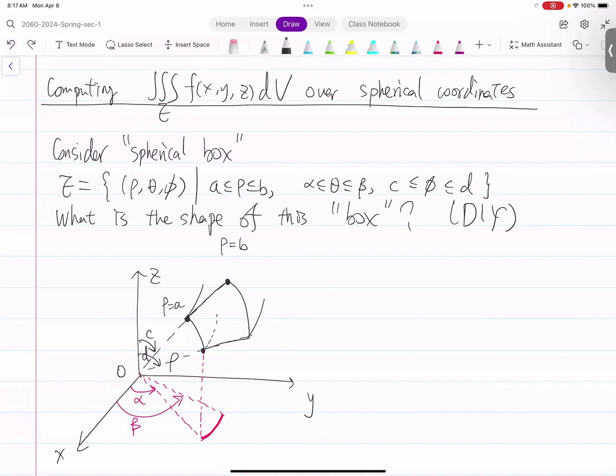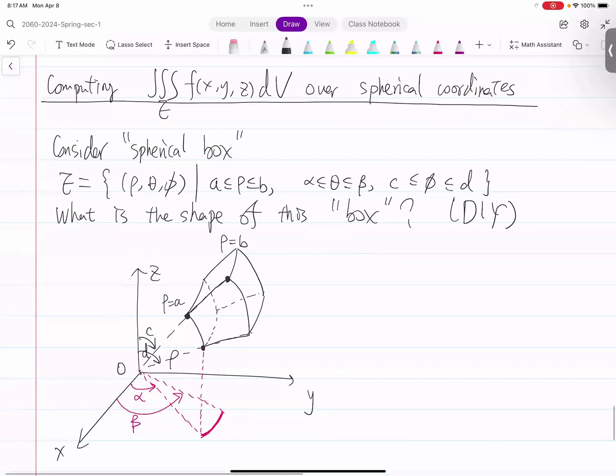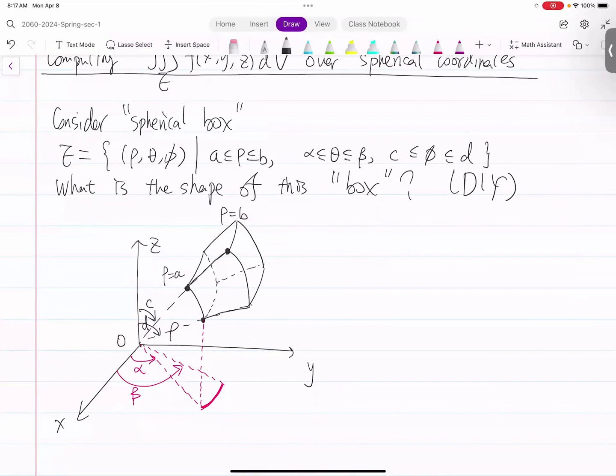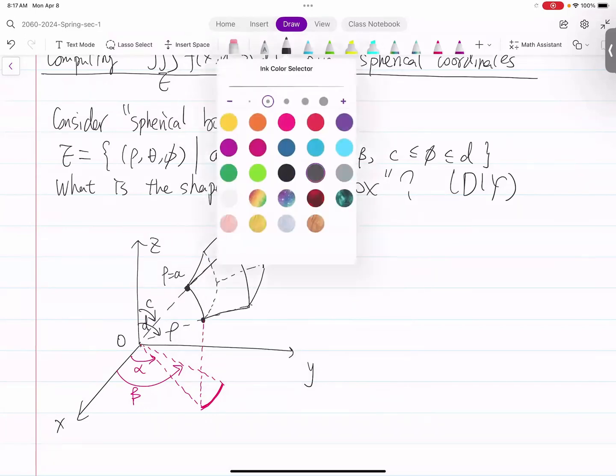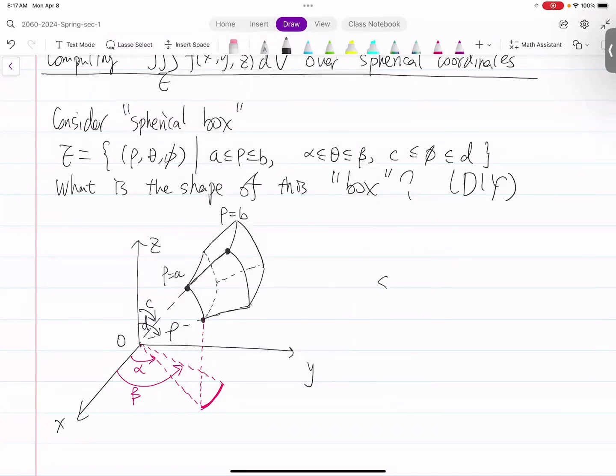Because that's the way that we do the evolution, because we are revolving around the z-axis. And that's pretty much it. Okay, so now you see the shape definitely is a little bit different from before. Okay, so this is what we call a spherical wedge.